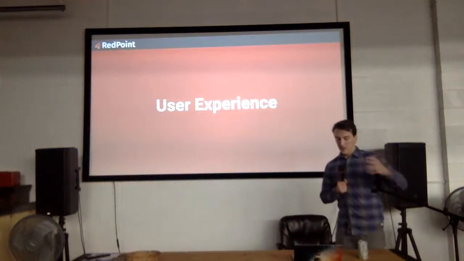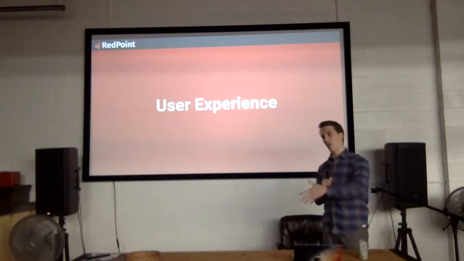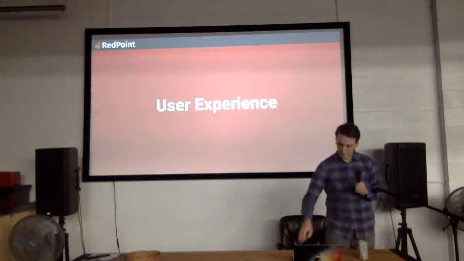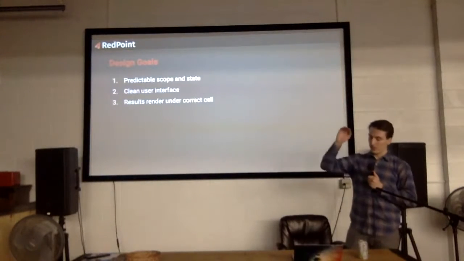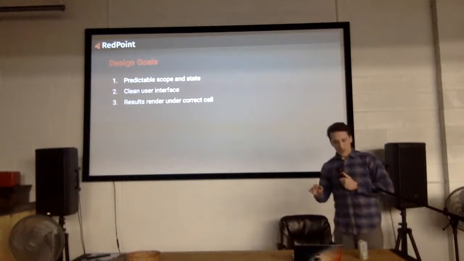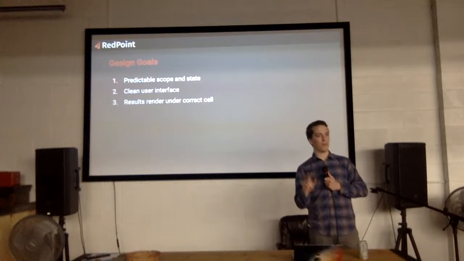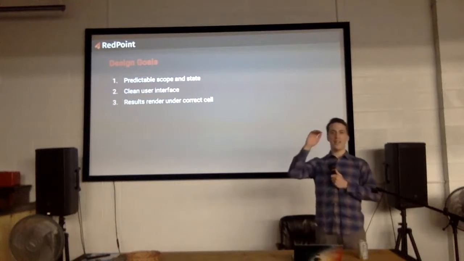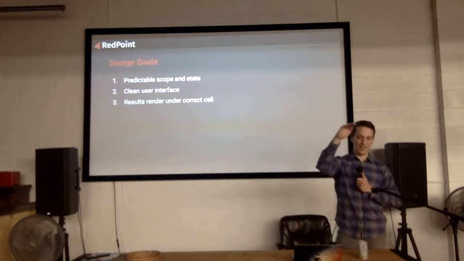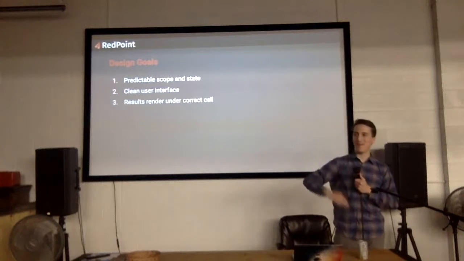So now let's talk about our user experience, because as I said earlier, it really dictated how we execute our code. Our design goals for the user's experience were to, again, provide that predictable top-to-bottom scope and state. I mention that because it sounds like there aren't too many people familiar with computational notebooks, but it is possible to run cells in arbitrary order, so you can jump around the page.